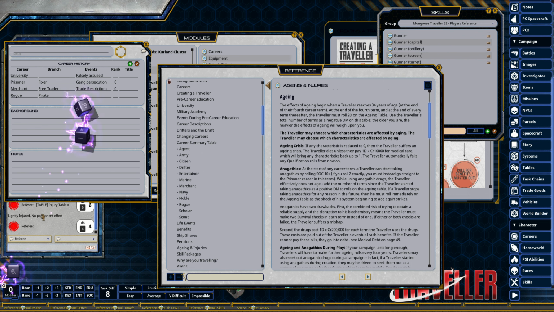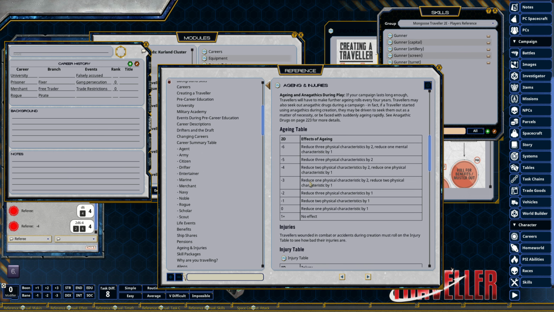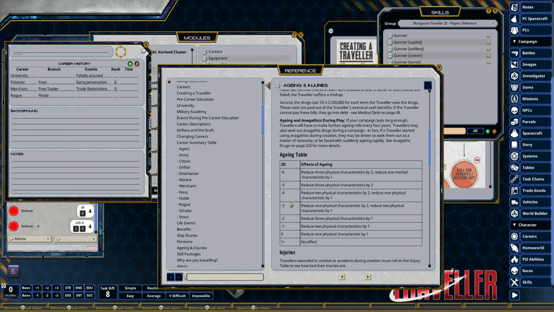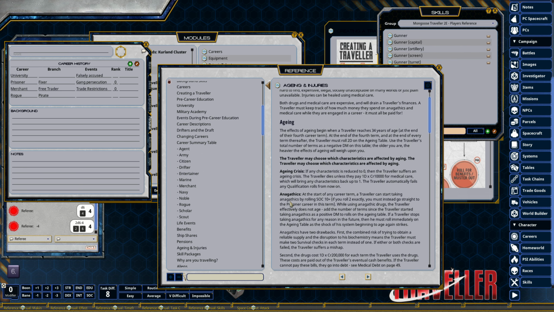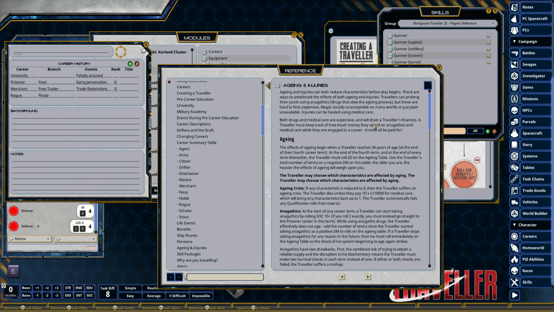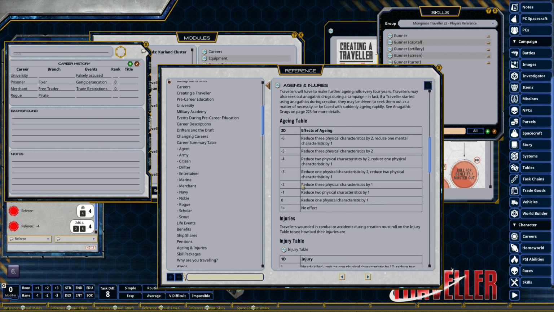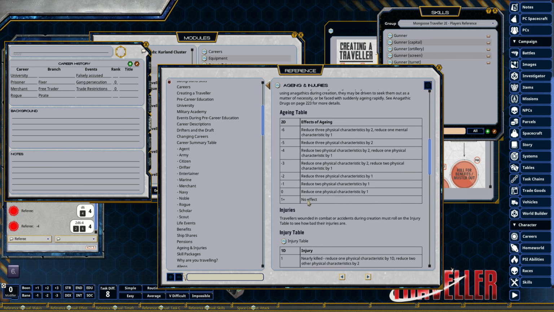Okay. I got a 4, which means that a 4 is... Okay, so I got a 1 or higher, so no effect. Okay, so the aging doesn't affect me.